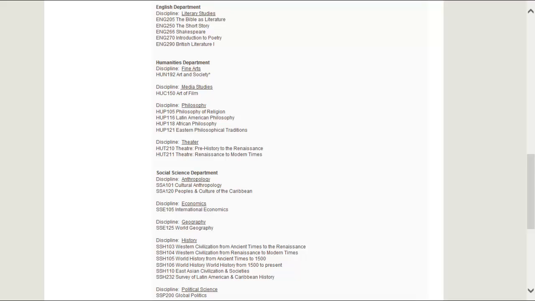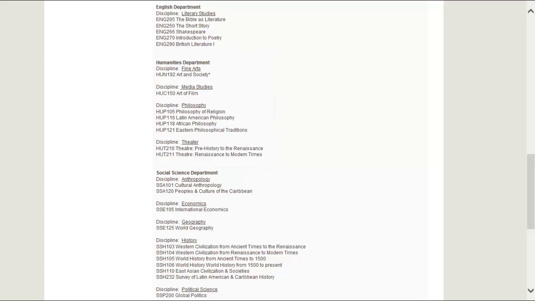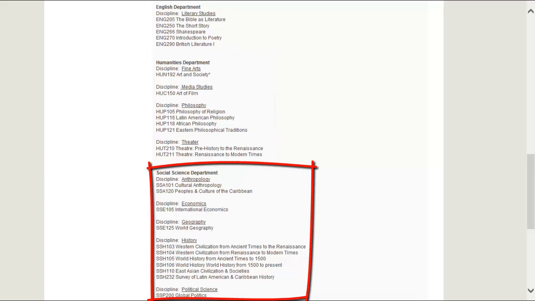Again, they are first divided by department, such as the English department, and then by discipline, such as Literary Studies. You will see the Humanities department has various disciplines: Fine Arts, Media Studies, Philosophy, and Theater. The Social Science department also has various disciplines: Anthropology, Economics, Geography, History, and Political Science.